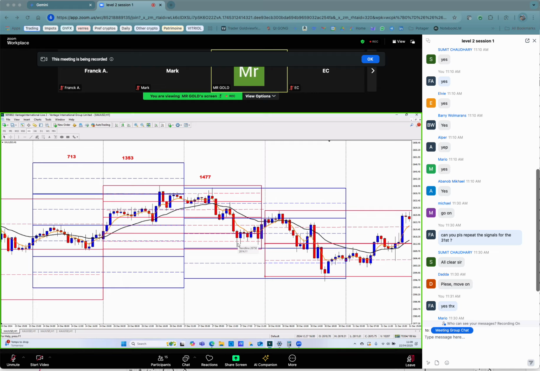Body close gives us confirmation for a continuation. So remember that. Body close gives us confirmation for a continuation. Wick rejections, on the other hand, give us rejections, meaning there's no continuation in that direction.